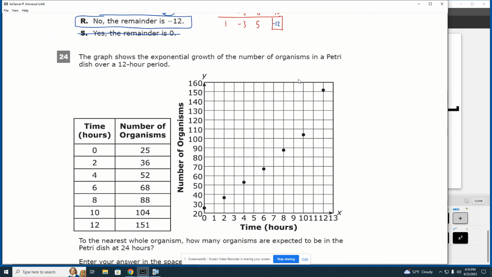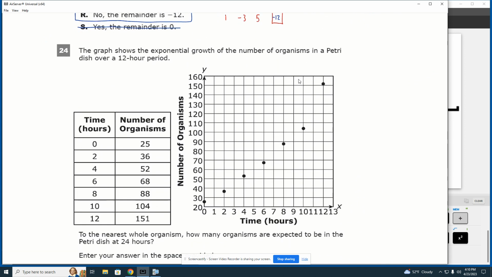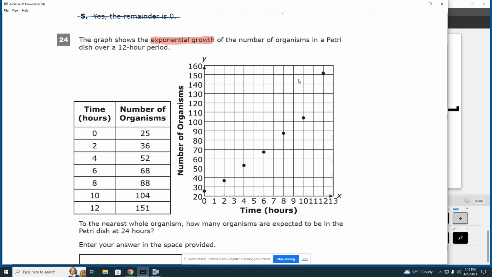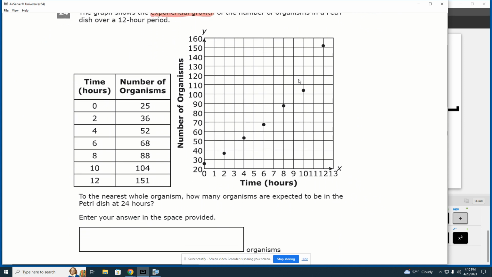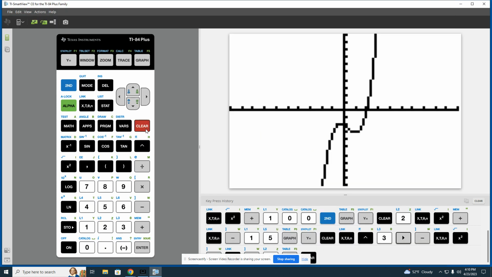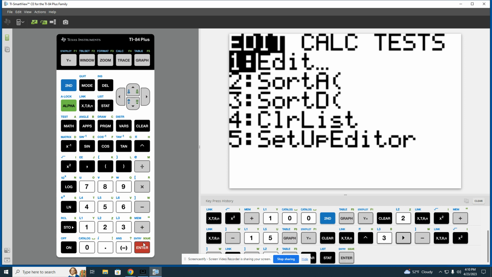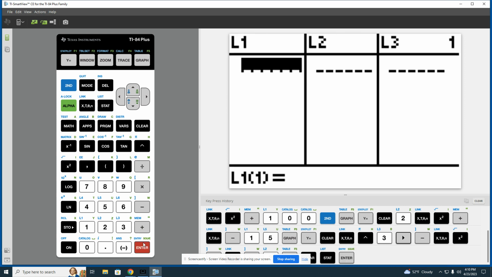So I want to remind you of something that we can do that actually makes this really simple. Remember, it uses the word exponential growth. You know that this is asking you to deal with an exponential function. So you probably forgot, but do you remember when we took these values and we went into stat edit and we entered all of our data?